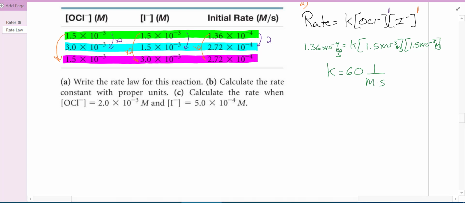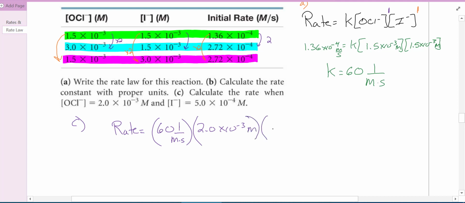So for C, the rate is K, which is 60, 1 over molarity times second, times OCl minus, 2.0 times 10 to the negative third molar, times 5.0 times 10 to the negative 4 molar. And one of the molars cancels, so molarity per second works out.